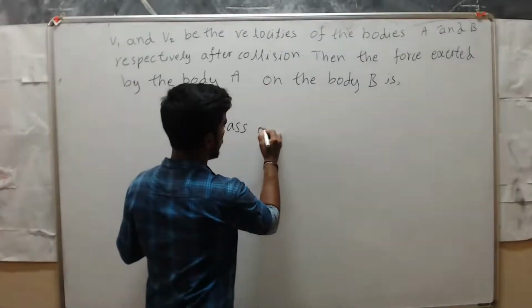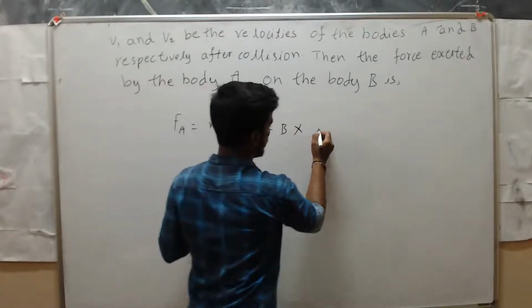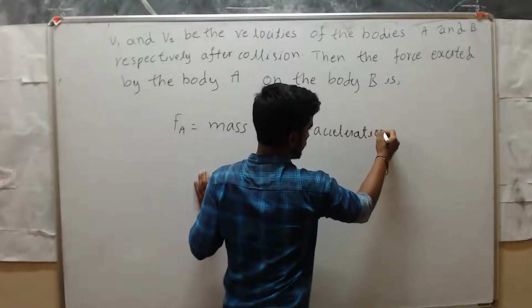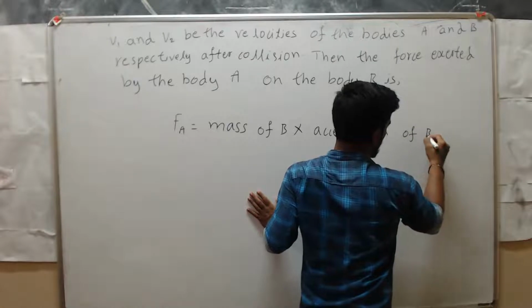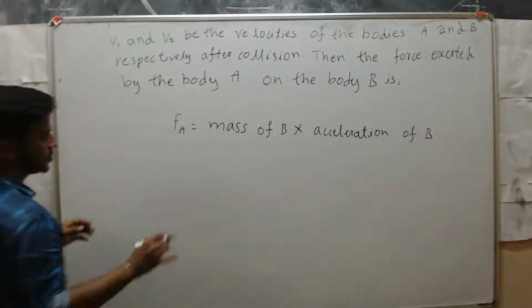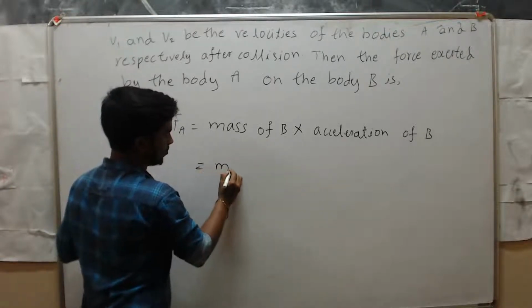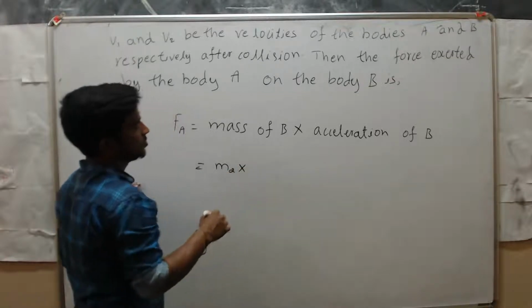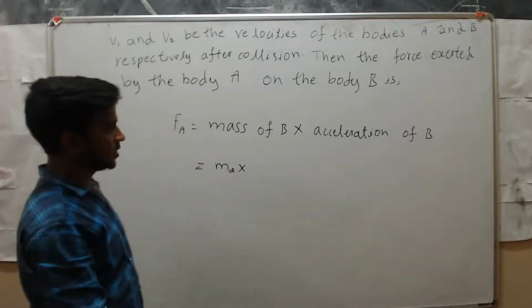What is the mass of B? We have considered the mass of B as m2, into the acceleration. Acceleration means change in velocity.